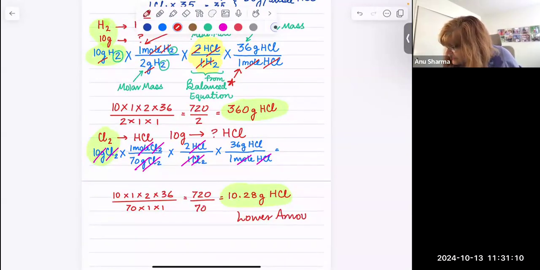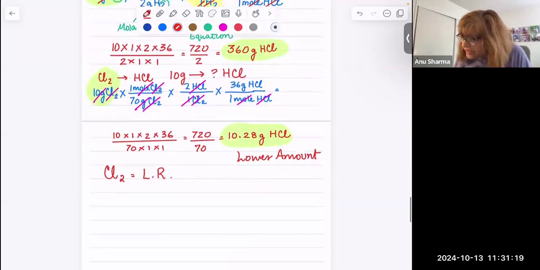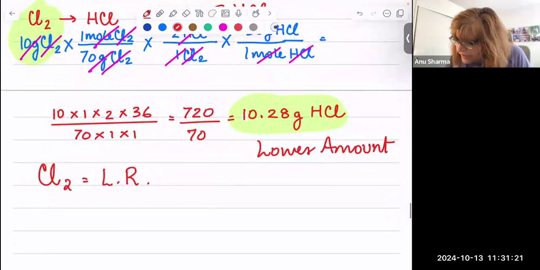Lower amount means that the chlorine, Cl2, is the limiting reactant. It's giving us the lesser amount. So this lower amount becomes the theoretical yield.